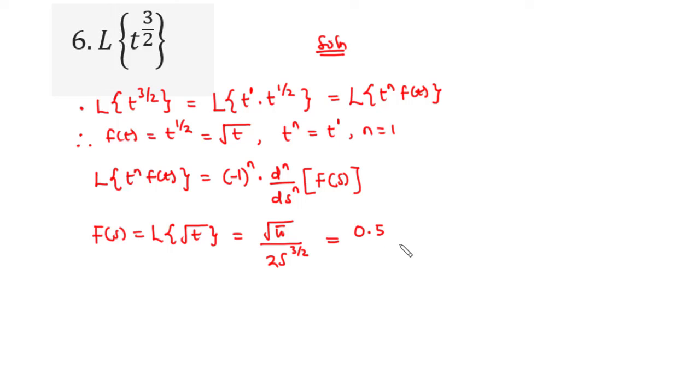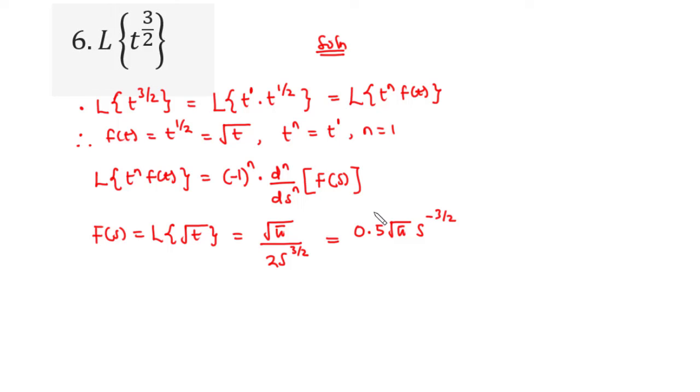So 0.5 times square root of pi times s to the power -3 over 2. So this leaves the bottom and then it appears on top. So we have exponent -3 over 2. So that is f of s.